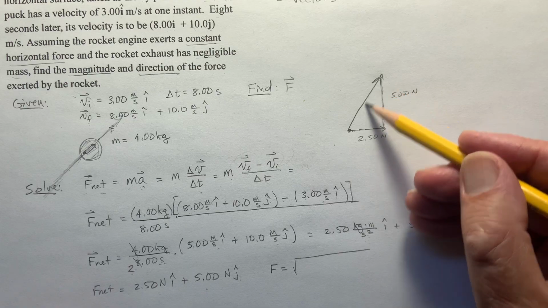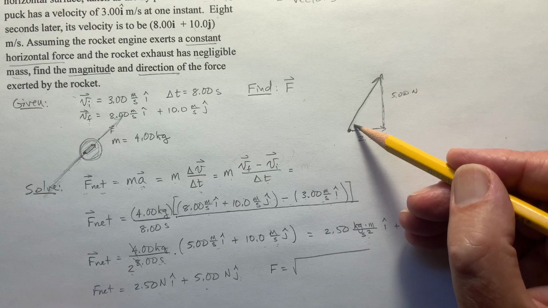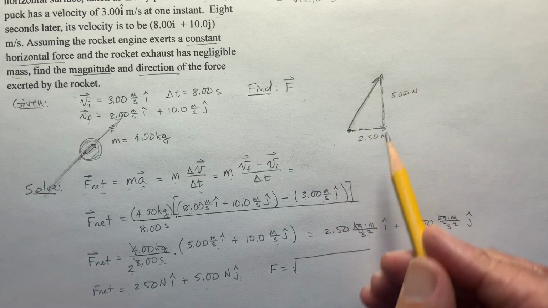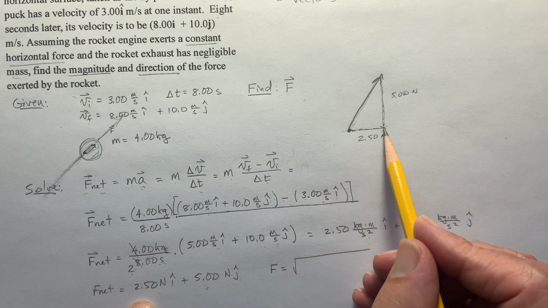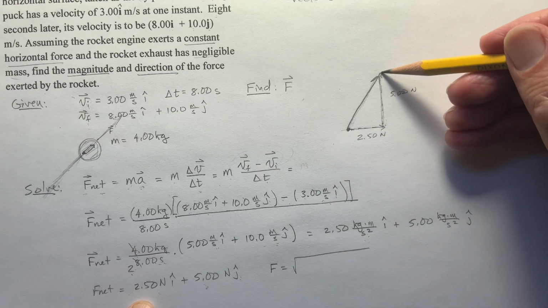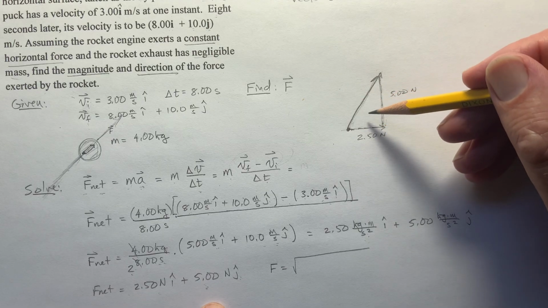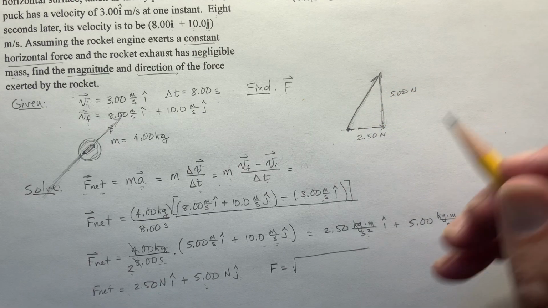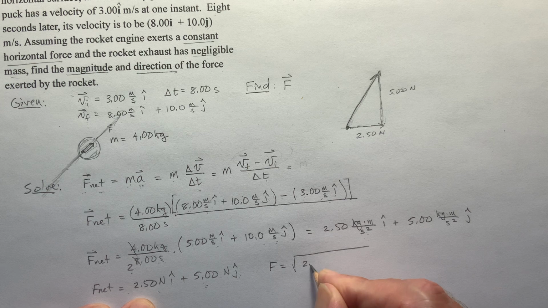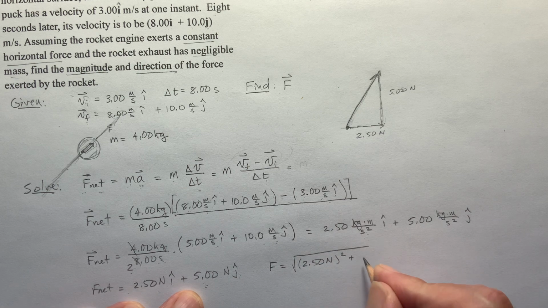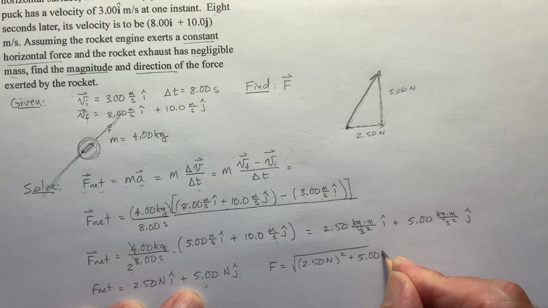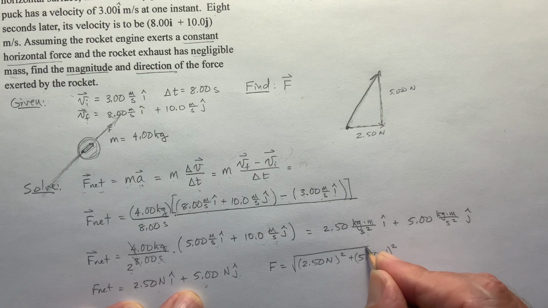And so when I add these two, I get my resultant vector, or my overall net force. And this, of course, is the hypotenuse of this right triangle formed by these components. Whenever you have an x component and a y component, it's going to make a right triangle. And so we can say, well, that's 2.50 newtons squared plus 5 newtons in the y direction squared.